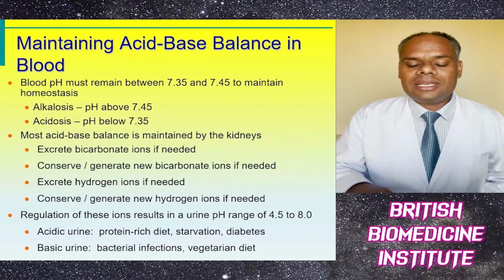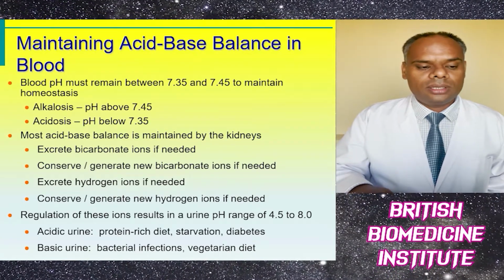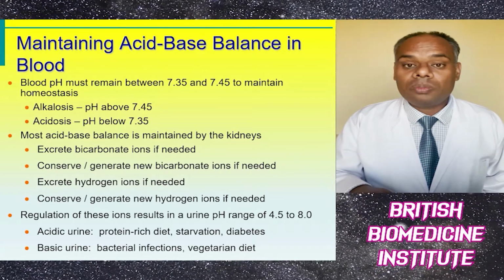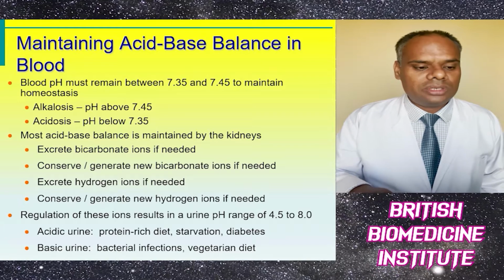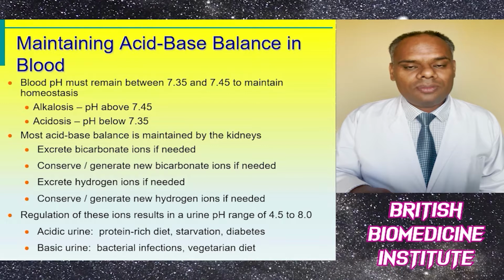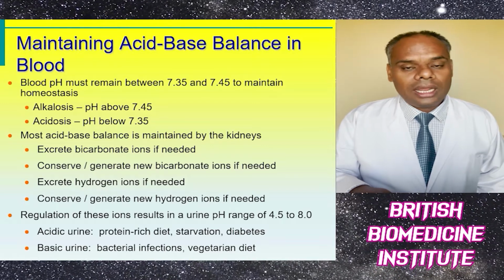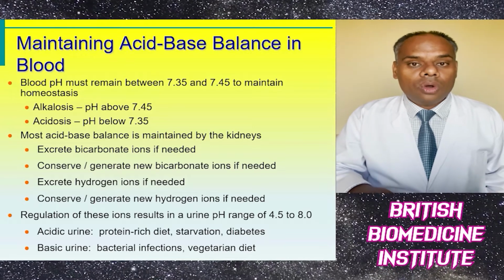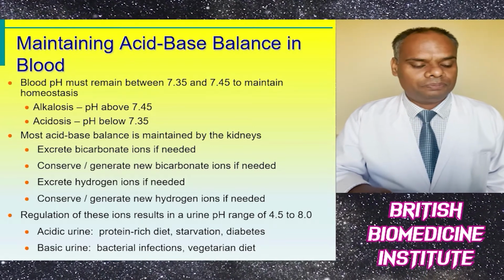So now comes maintaining acid-base balance in blood. Blood pH remains between 7.3 and 7.4 in order to maintain homeostasis. If there is alkalosis, the pH will be above 7.4, and if it is acidosis, the pH level will be below 7.3.